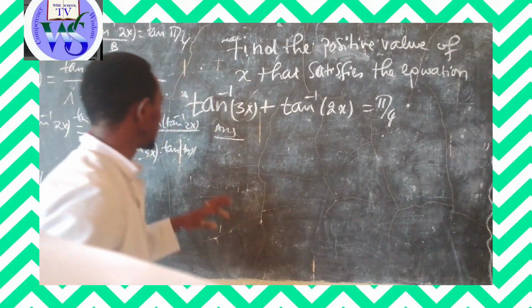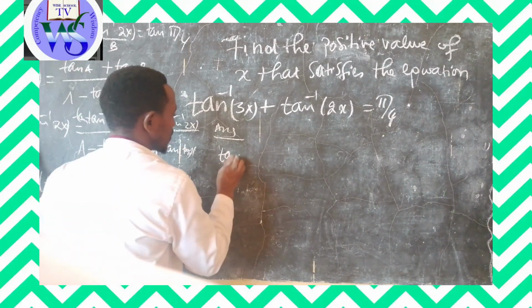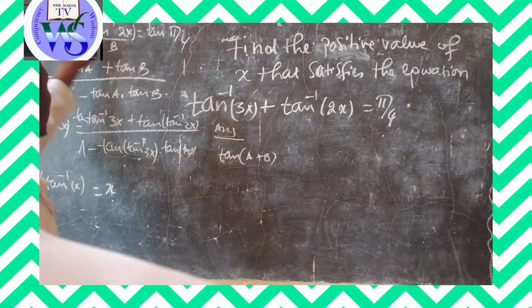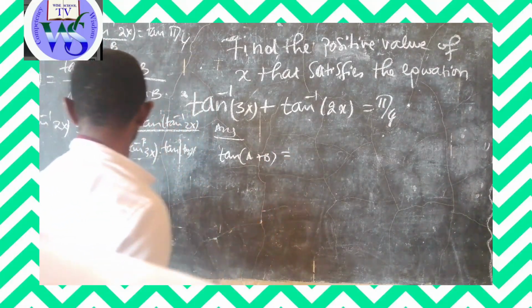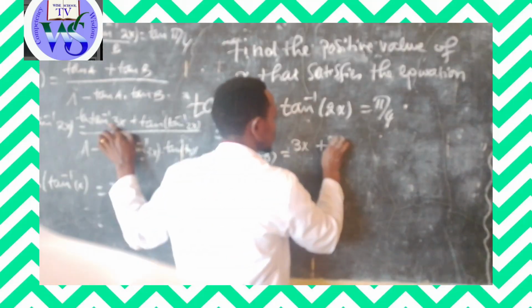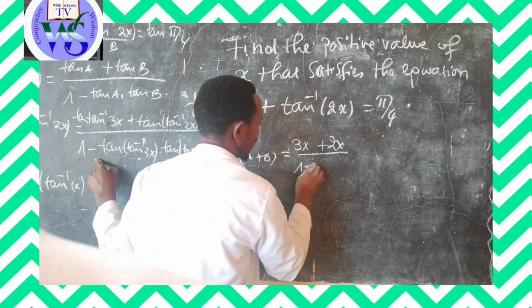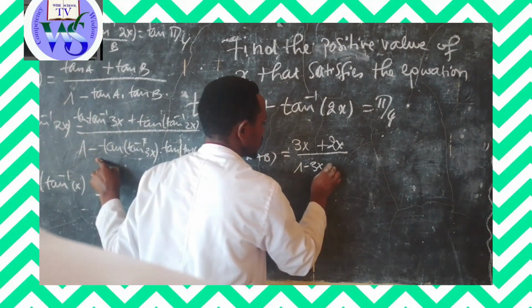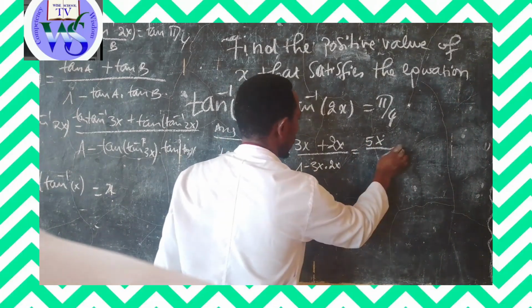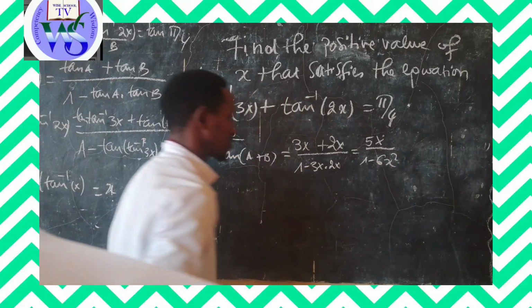So when we replace this in our equation, tan(A + B) is equal to (3x + 2x) divided by (1 − 3x times 2x). So this is equal to 5x over 1 − 6x².